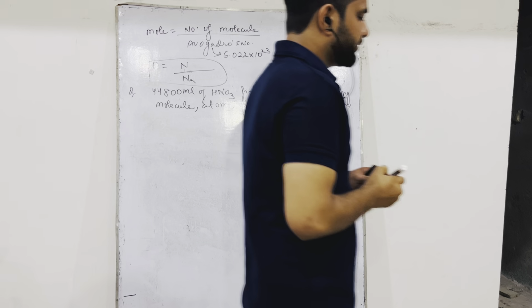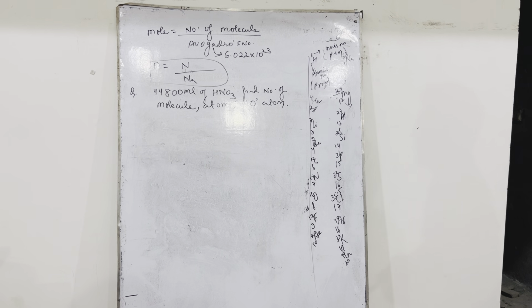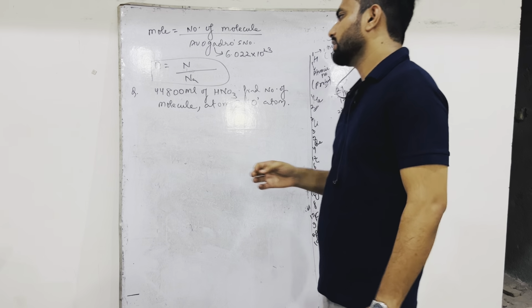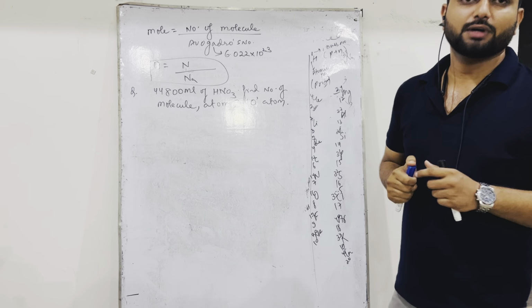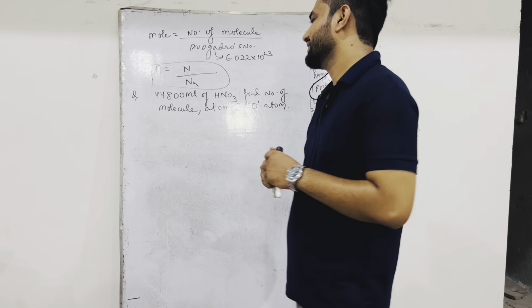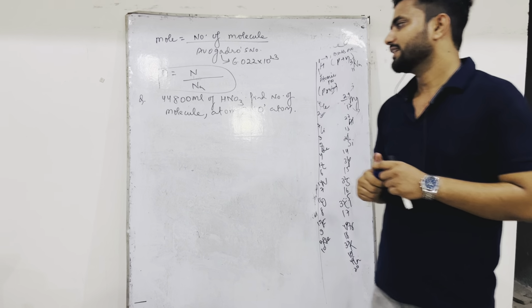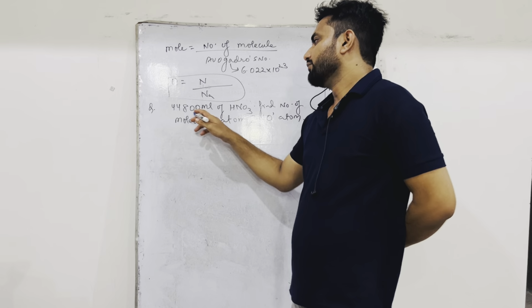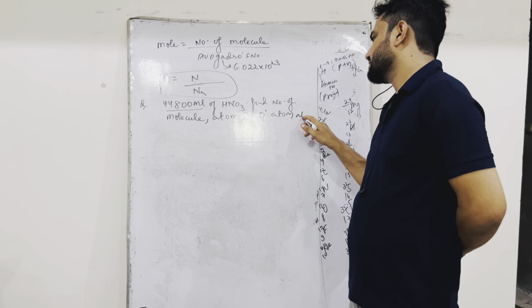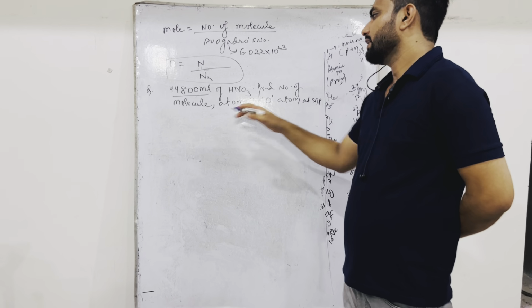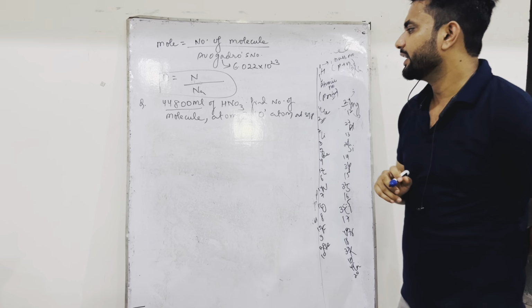Okay, I am giving you the question: 44800 ml HNO3. Now volume is 44800 ml at STP obviously, and find number of molecule, atom and oxygen atom.